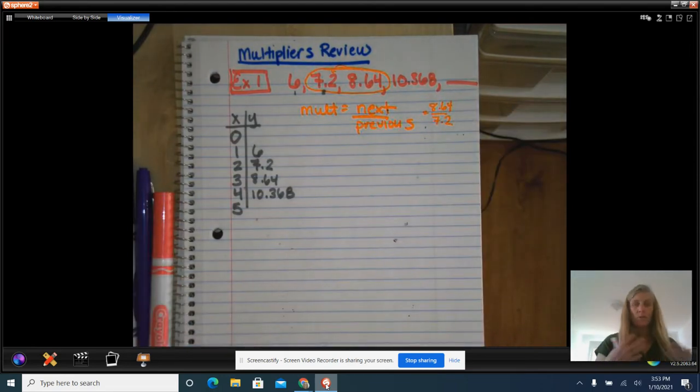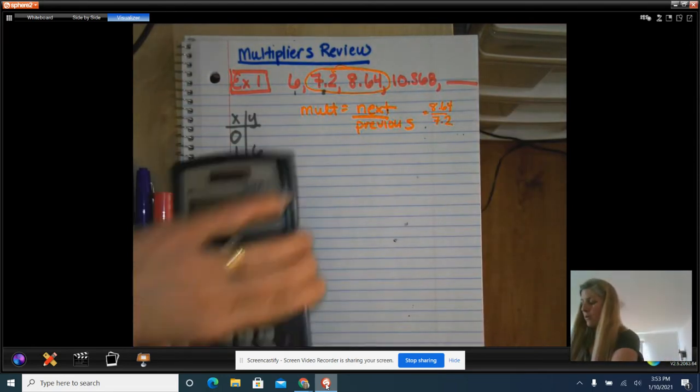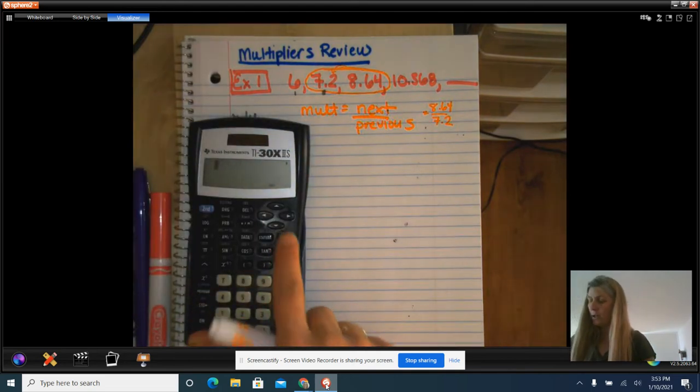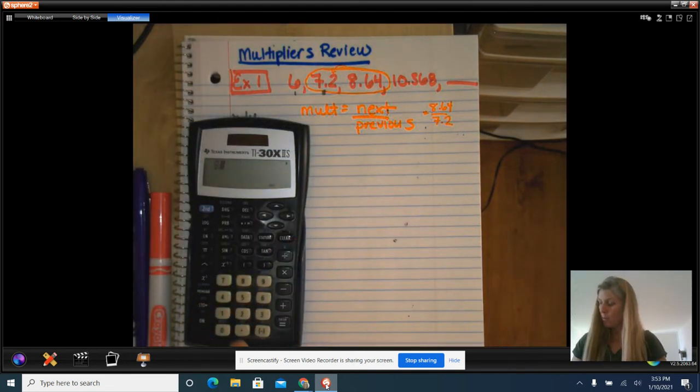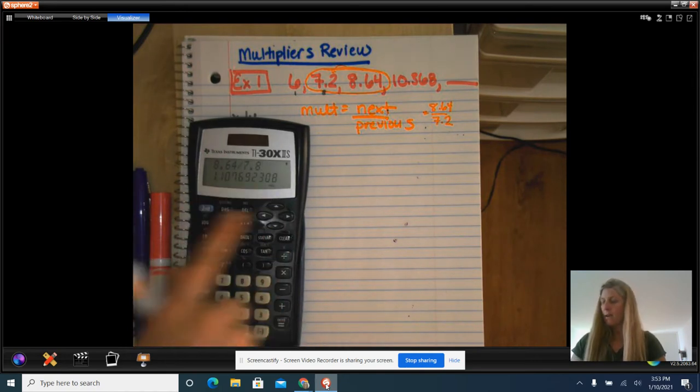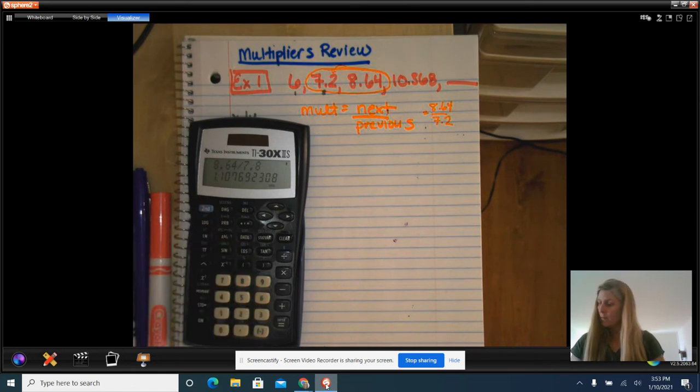So of course, when we're doing exponential functions, we're going to always want to have our handy-dandy calculator. So we have 8.64 divided by 7.2, and we can see that we have a 1.107. So we're going to go ahead and round this to our nearest tenth.